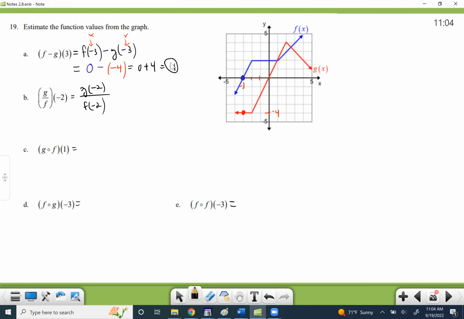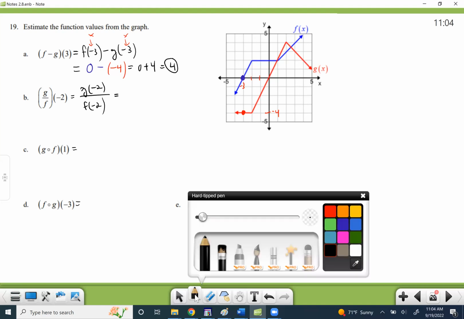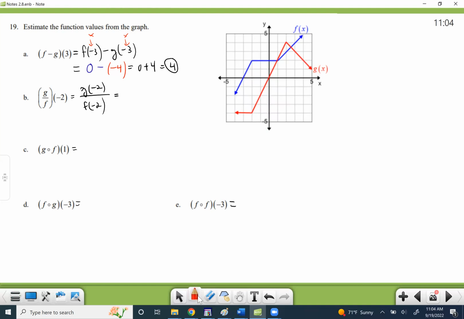So I'm giving you x values. You just got to find the y values. That's it. So let's go over here to g of -2. Remember that -2 is the x value. So here is -2. Let me erase all the marks from the previous one. Here's where -2 is. And I'm going to go to the function g, so the red function. So down 1, 2, 3, 4. So -4 would be the y value.